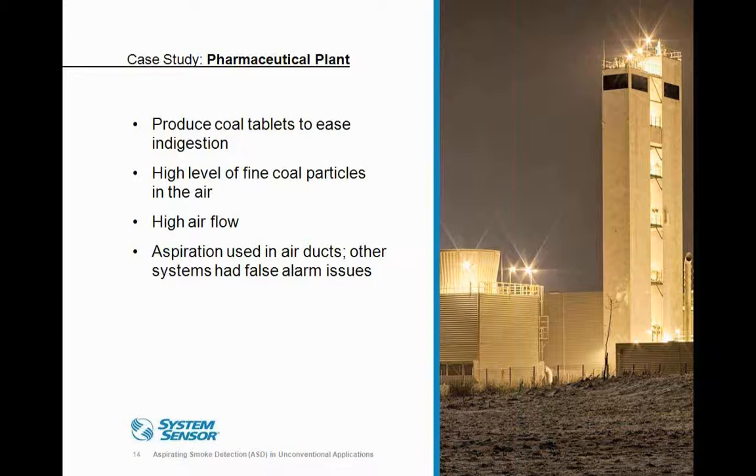FAAST replaced the existing smoke detection methodology because of the filtration process that it used and the dual light source technology. They were able to alleviate the false alarm problems that they had experienced when they were using just standard spot detection in this plant.